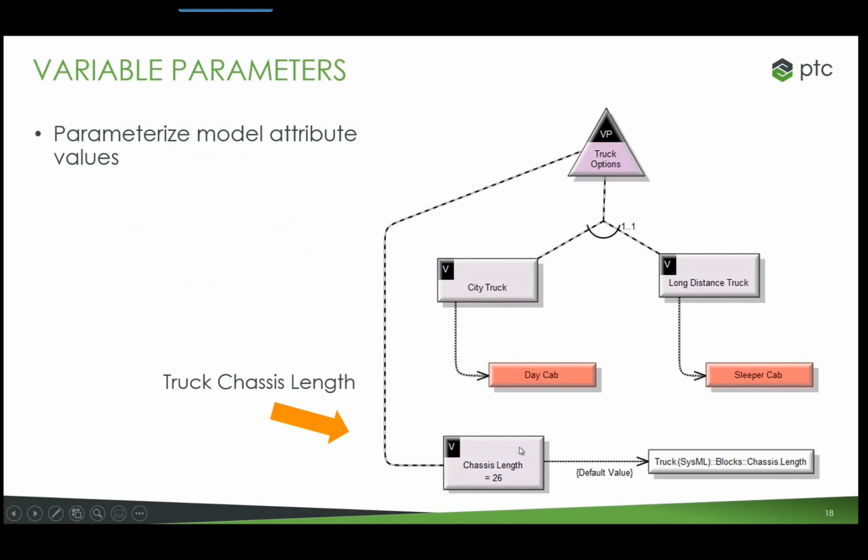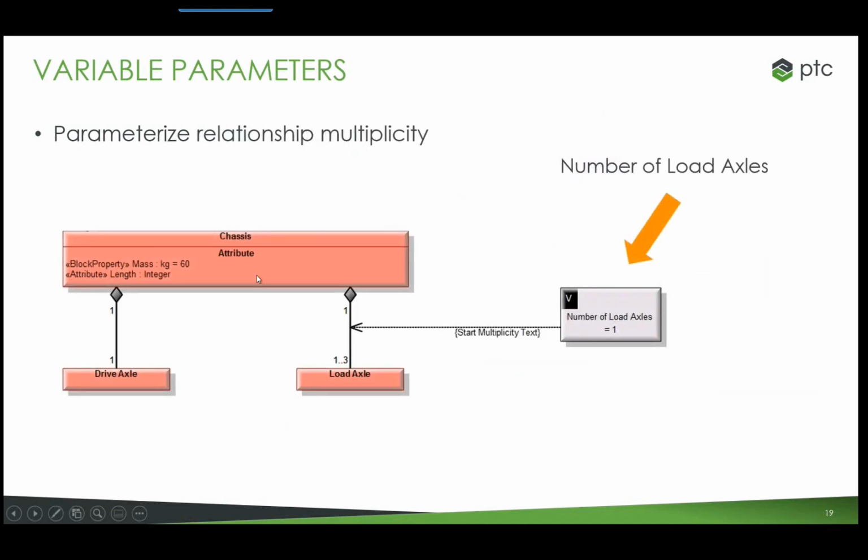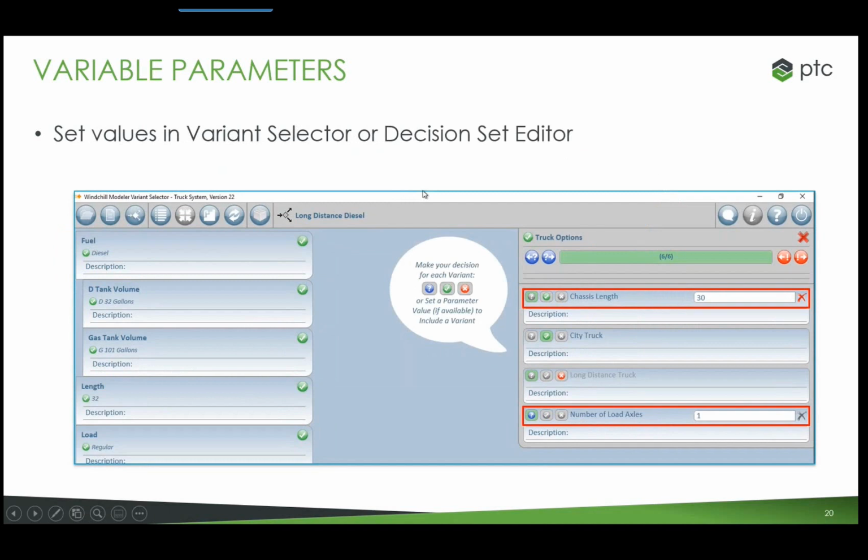So here we can see that the variant is a length. It's actually a parameter. And then when we make the choice, we can choose the value. So we can give the option for the users to choose 1 or 2 or 3, or type in a value. So here we see examples of that. Type in the number of axles, the chassis length.